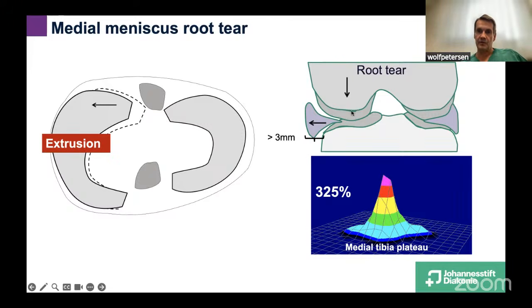And this meniscus extrusion is associated with a high increase of medial joint load. This increase is nearly as high as that observed in patients with a medial meniscectomy. So the biomechanical consequences of these medial meniscus root tears are very severe.